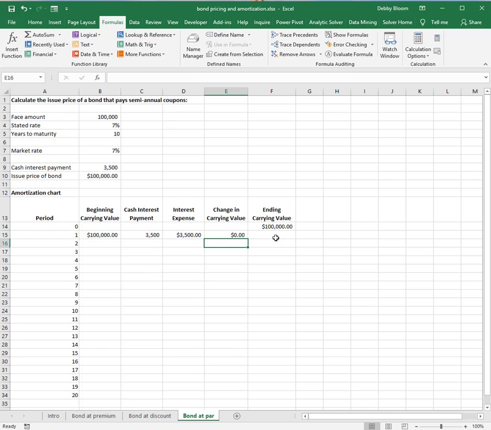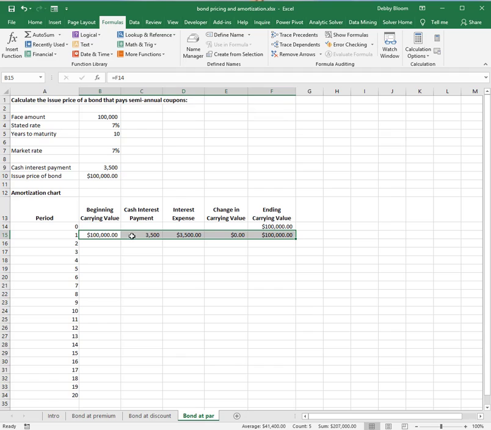And then finally our ending carrying value is the beginning carrying value plus the change in carrying value, B15 plus E15. So you're going to see that our carrying value of this bond is going to stay at $100,000 until the end of period 20.